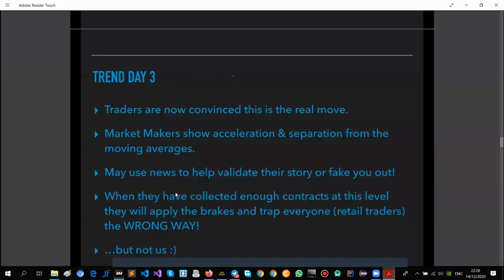So when they have collected enough contracts at this level, they will apply brakes and trap everyone, retail traders, the wrong way.